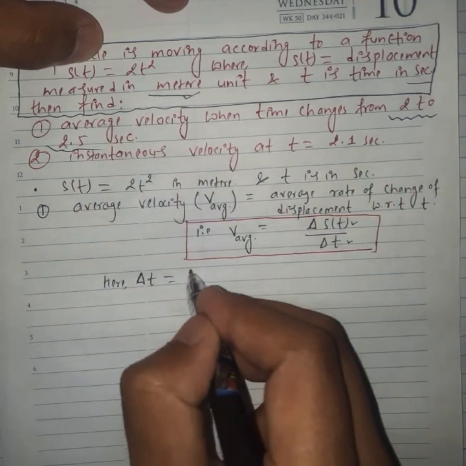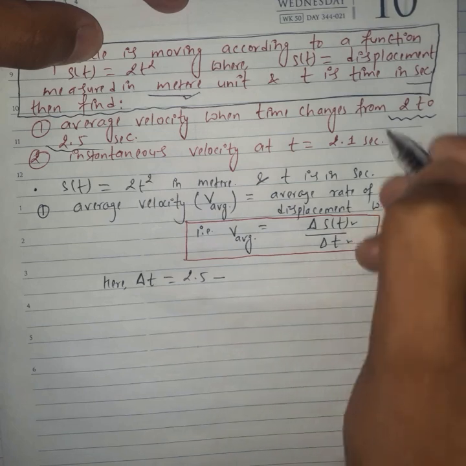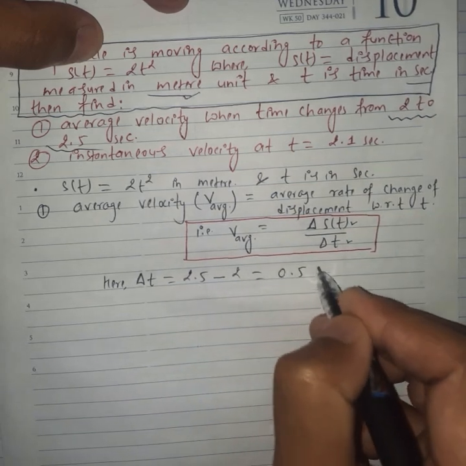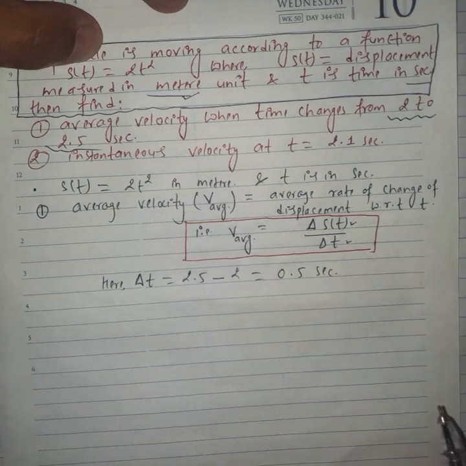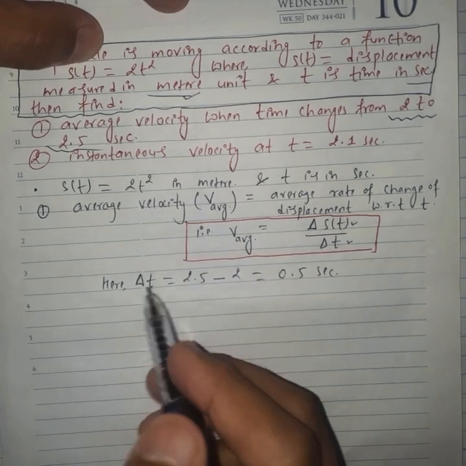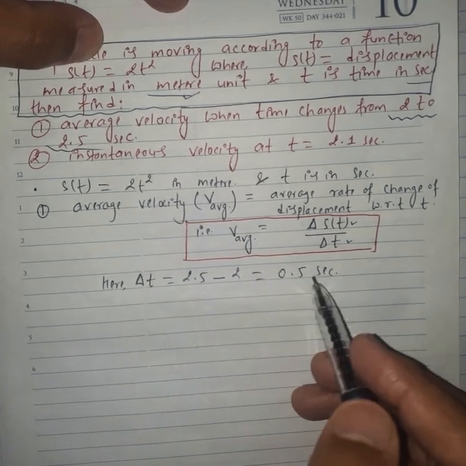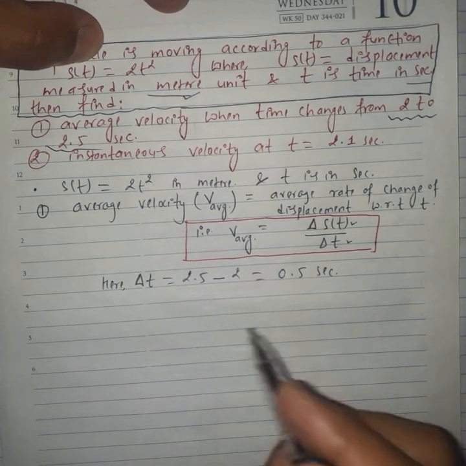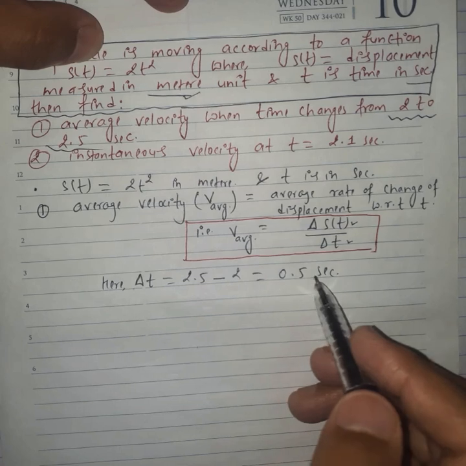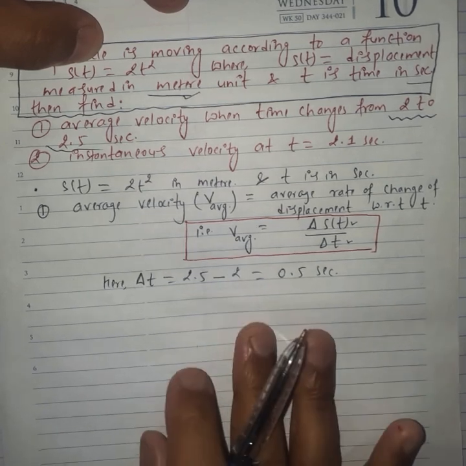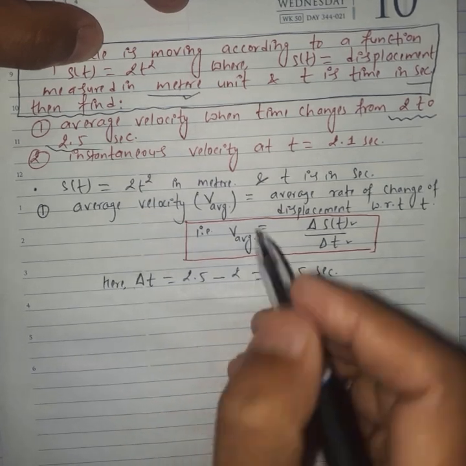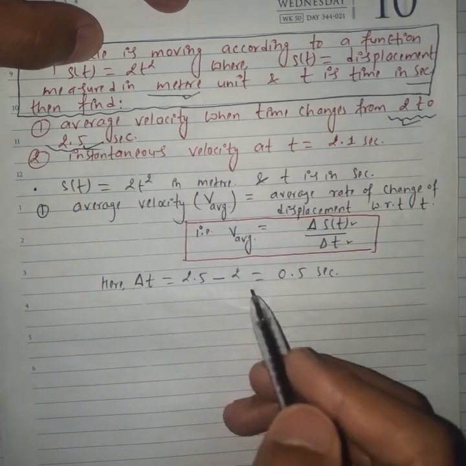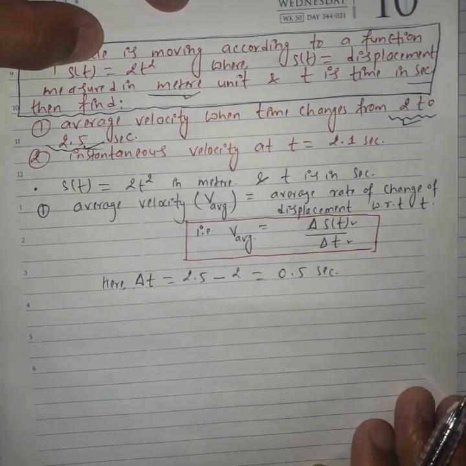The final value is 2.5 seconds and the initial value is 2, so 2.5 minus 2 gives 0.5 seconds as delta t.